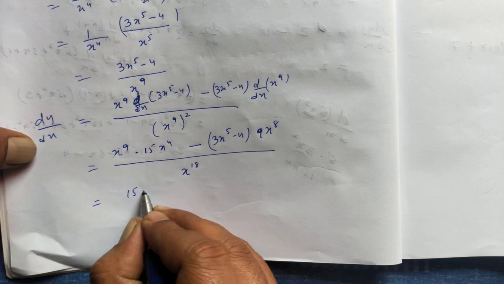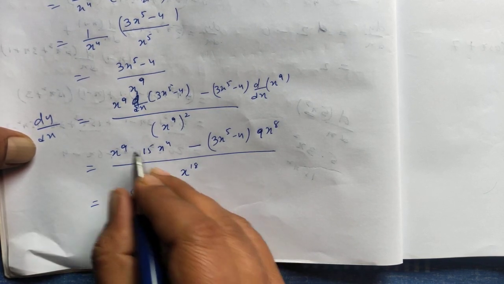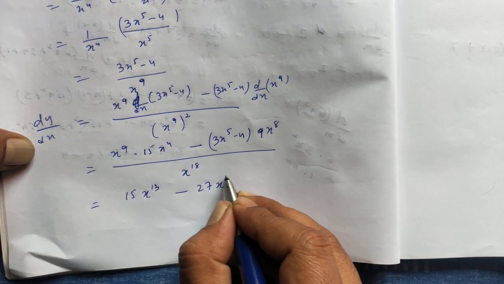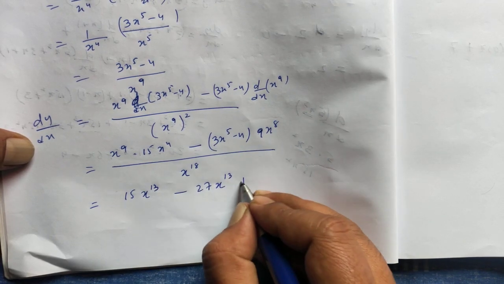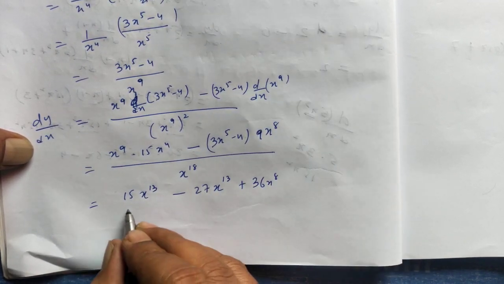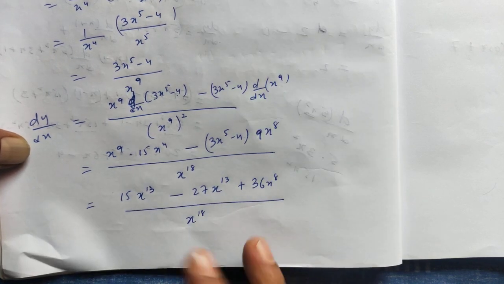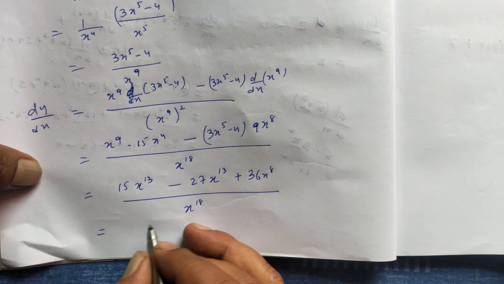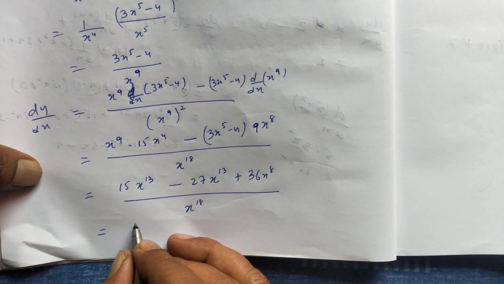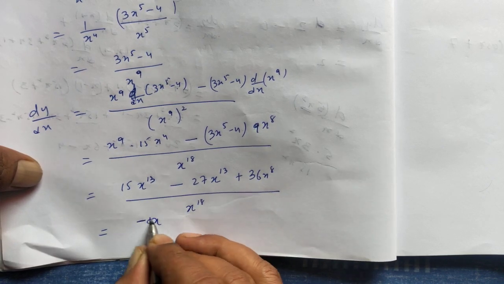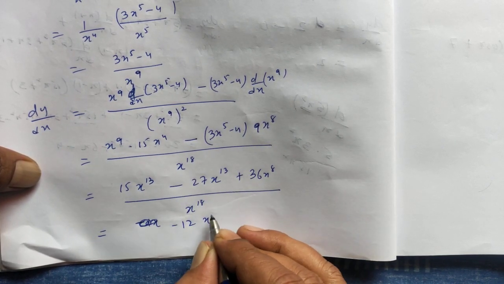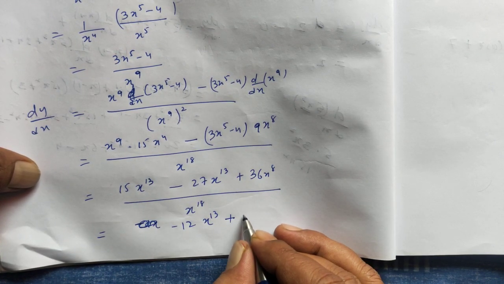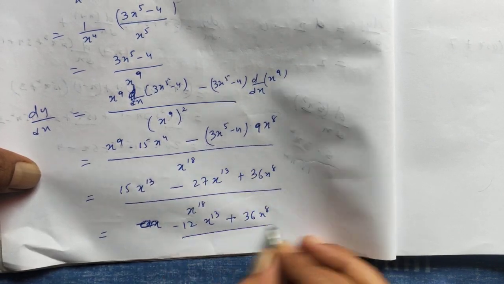This is 15x to the power 13 minus 3 nines are 27x to the power 13, minus minus is plus 36x to the power 8 by these two we can solve. You'll get 15 minus 27 is minus 12x power 13 plus 36x power 8 by x power 18.